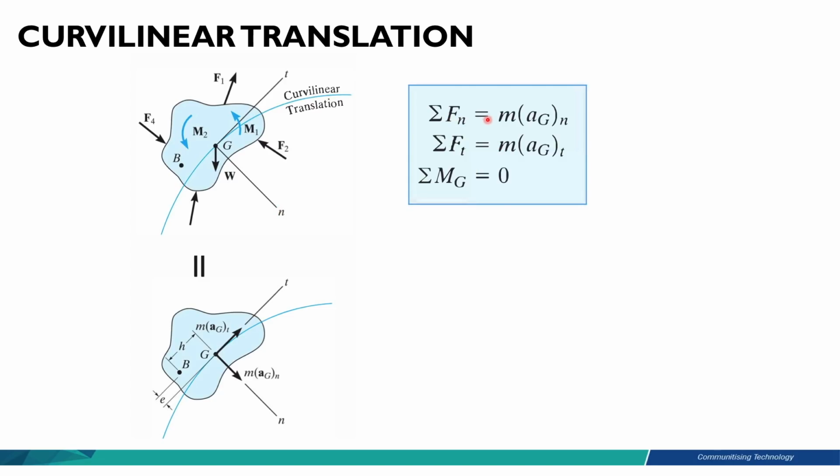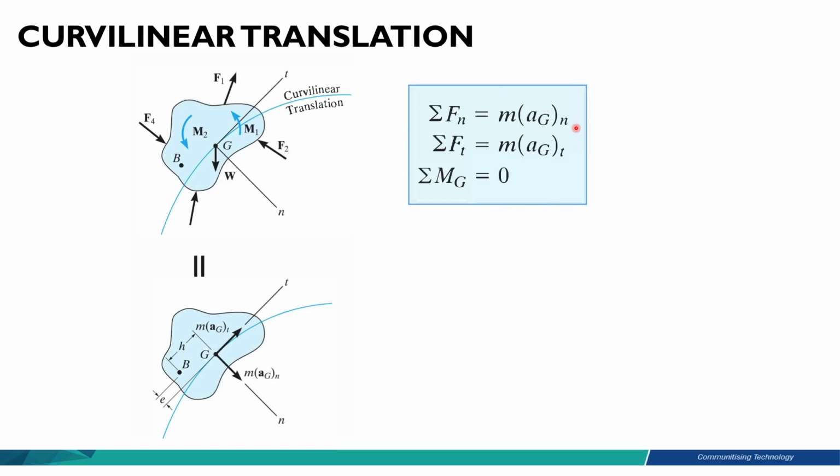So the sum of Fn is equal to m a_n, the acceleration in the normal axis. And also we have the sum of Ft, sum of forces in the tangential axis, that is equal to m a_t. Tangential axis is always tangent to the path of the motion.